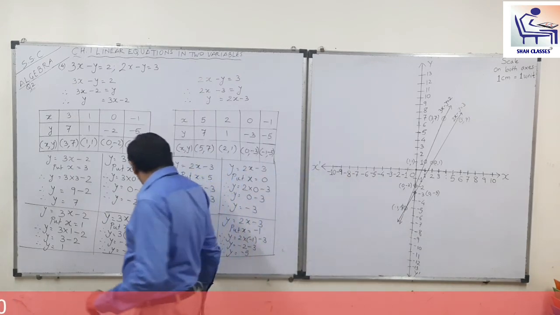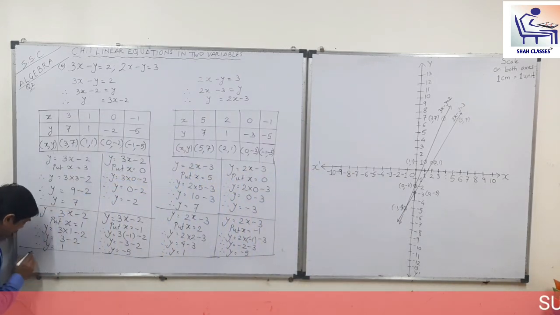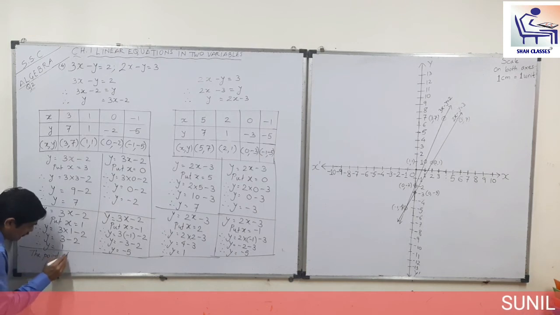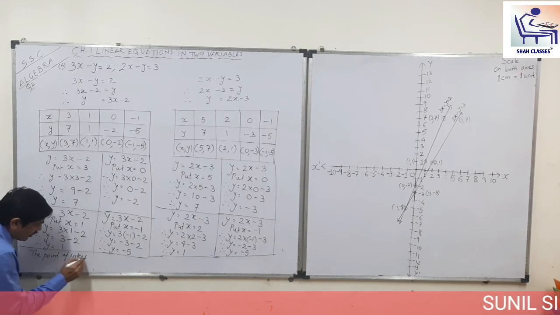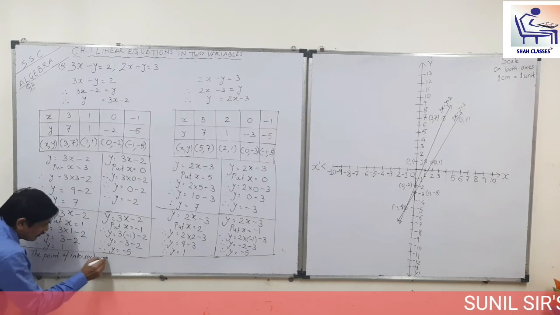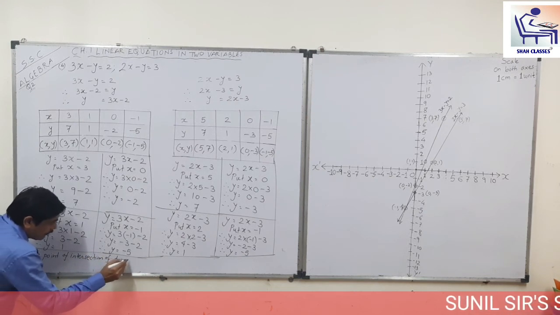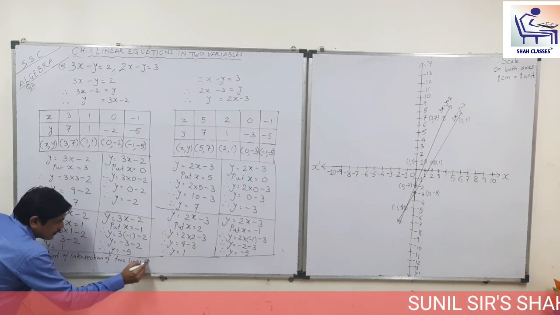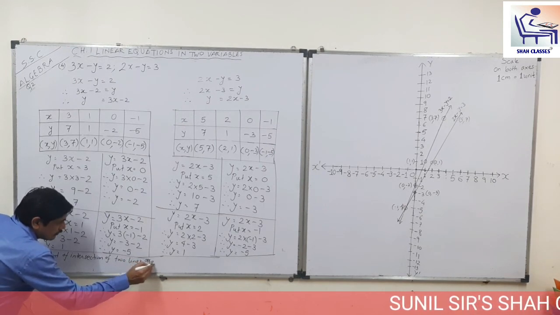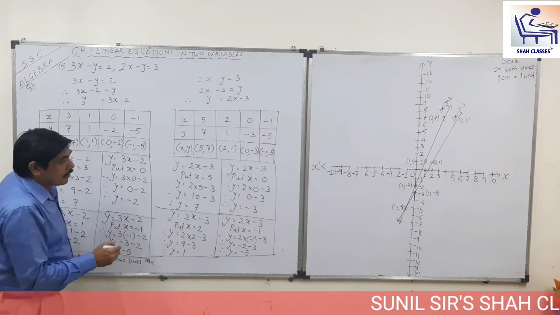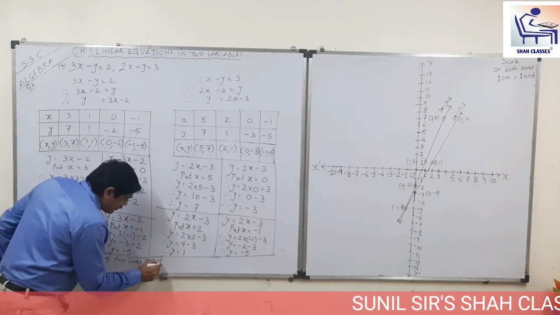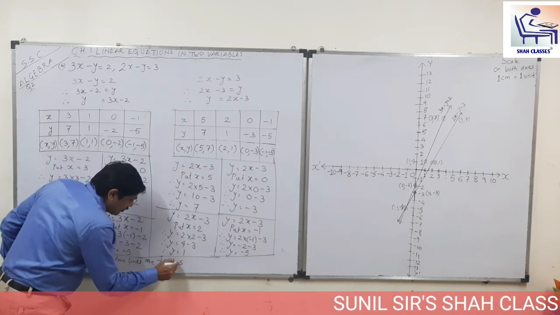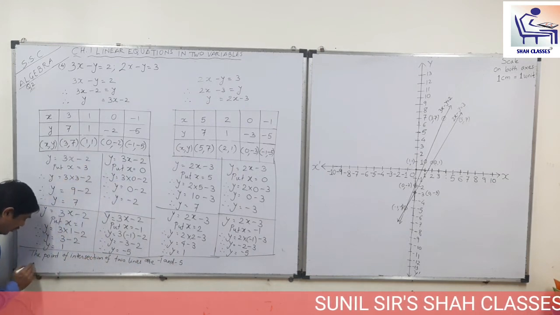We have to write the final answer on this page. The point of intersection of two lines are minus 1 and minus 5.